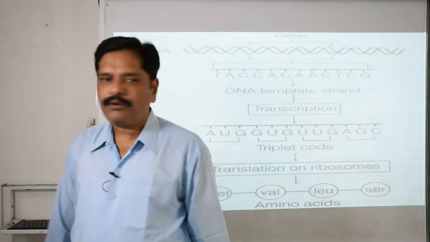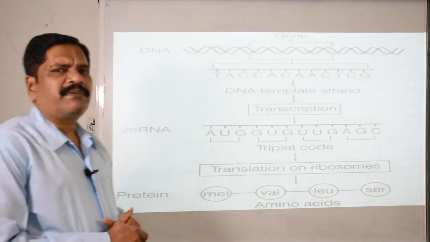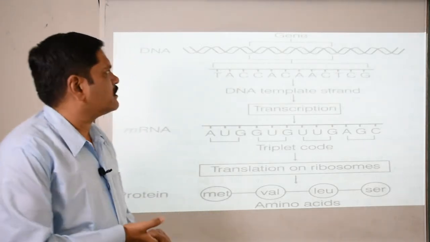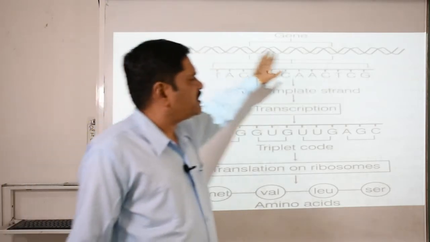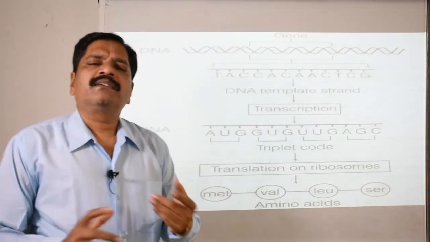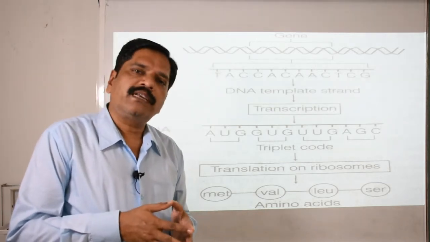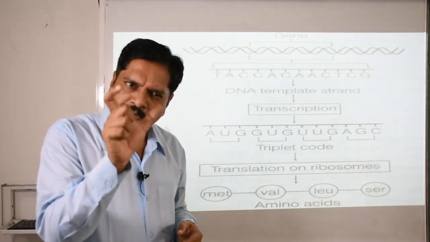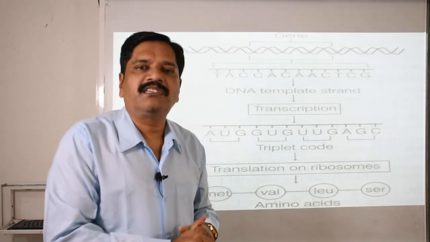Now moving forward, this is the basic diagrammatic view by which we can learn how transcription is performed. See that this is the DNA, but protein information is coded only in a specific segment of DNA, which we call a gene.